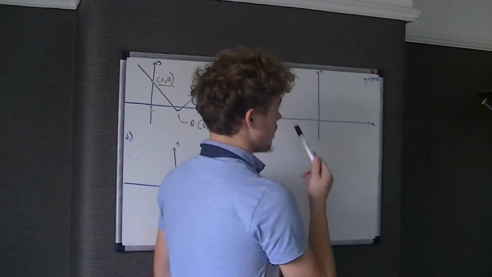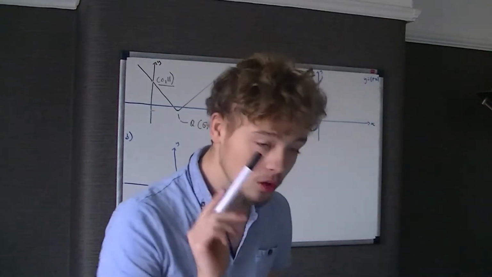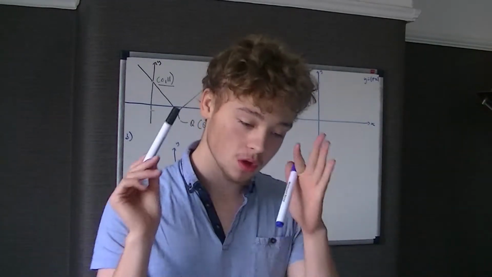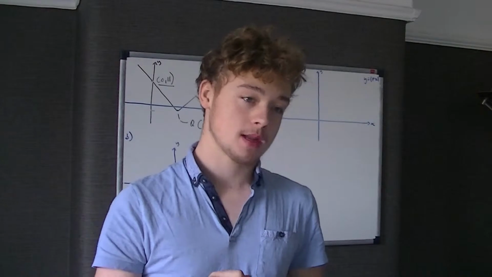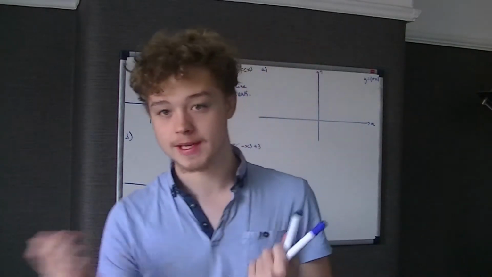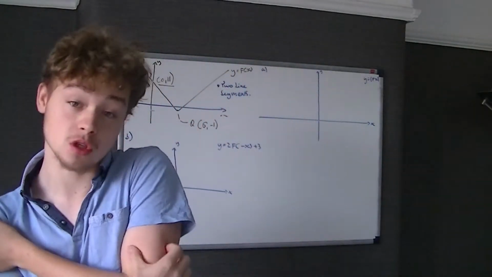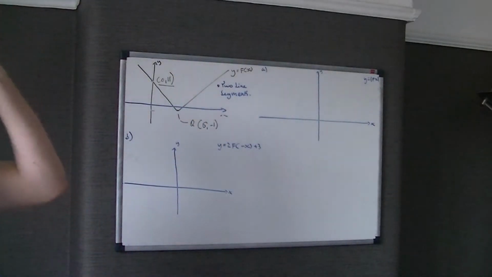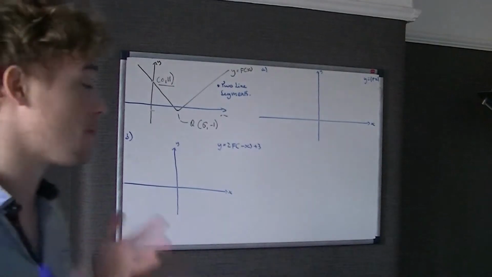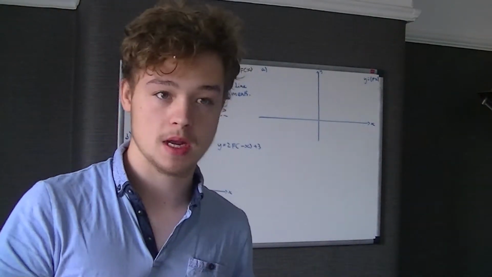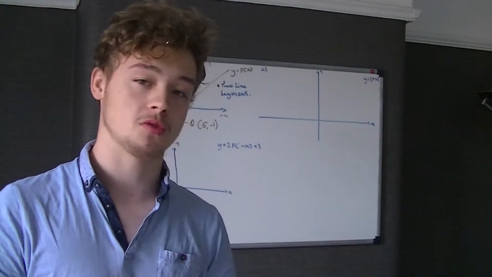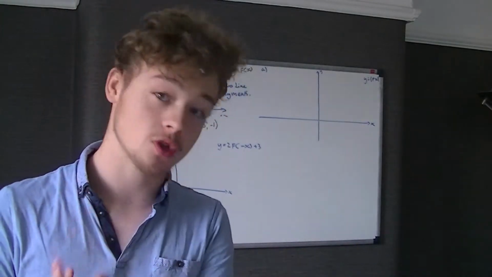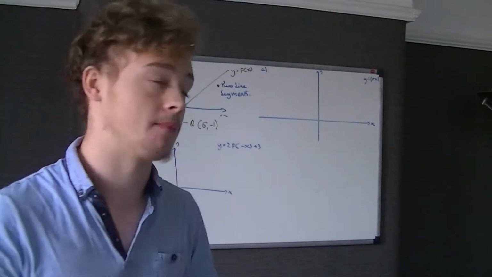It's saying that a y coordinate always equals the modulus of the whole equation. Now, we have to think back to what modulus is. This is one of the first things you do when you're talking about modulus in C3. The modulus just turns it positive. So if you've got minus 3, that's plus 3. And if it's already plus 3 and you do the modulus of plus 3, it's just 3. So it just keeps the sign positive.